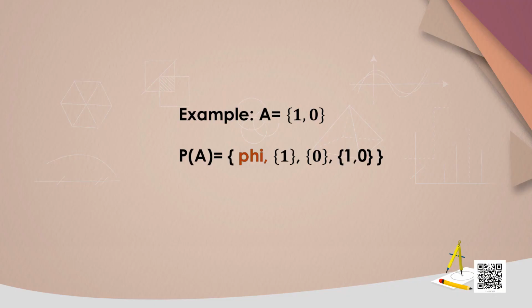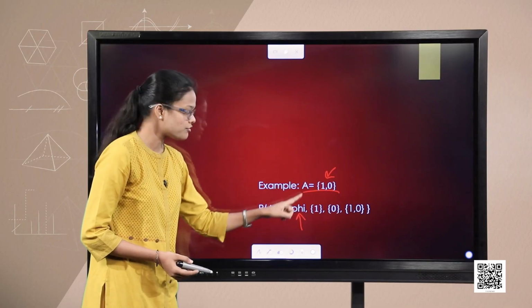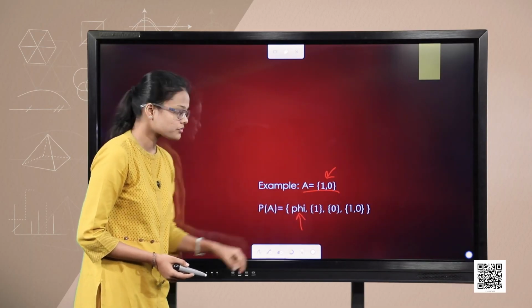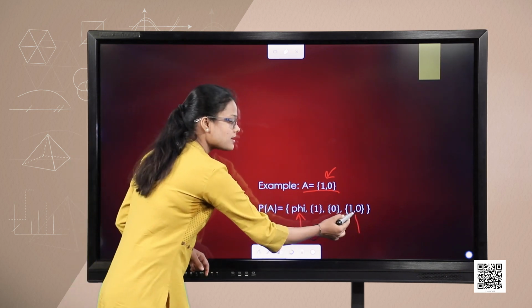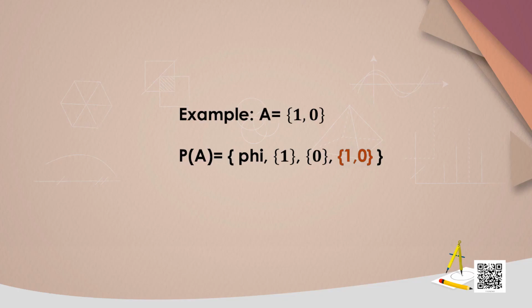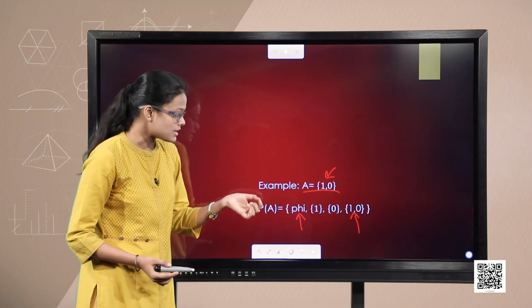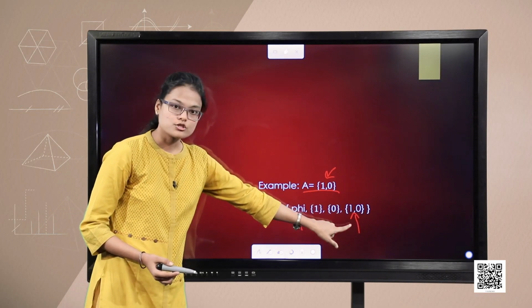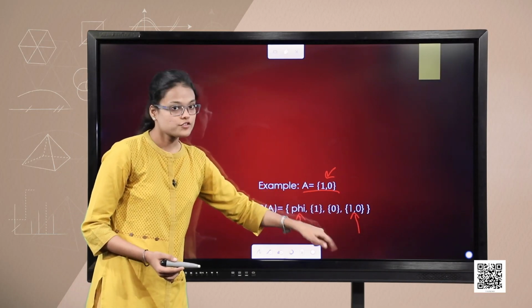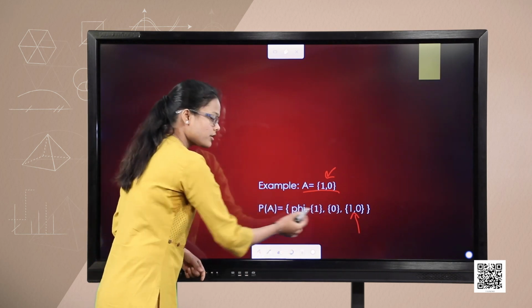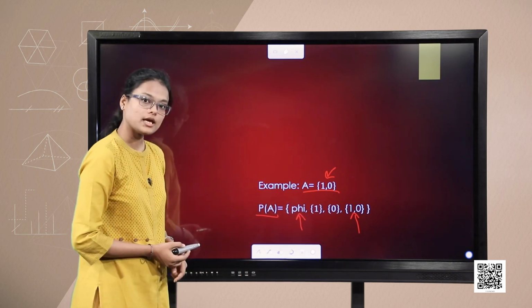We have already studied that empty set is a subset of each and every set. So yes, it will be a subset of the set A as well. The set itself, we have also studied that every set is a subset of itself. So again, yes, A is also a subset of itself, so it will be a member of this set, PA.